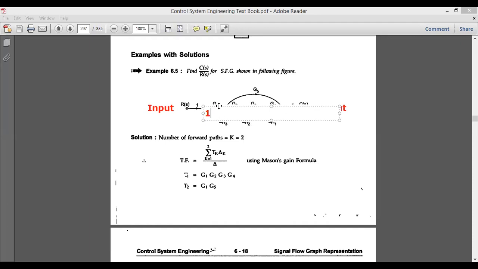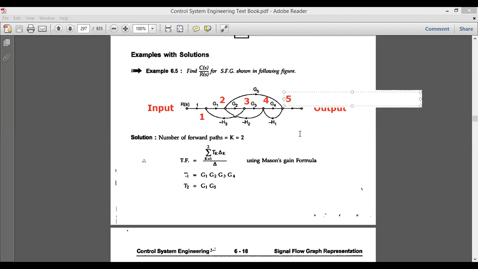Let us take this as node number 1, then node number 2, node number 3, node number 4, and node number 5. So in this signal flow graph we have a total of 5 nodes, and this is the output, and this is the input. So this we have labeled.